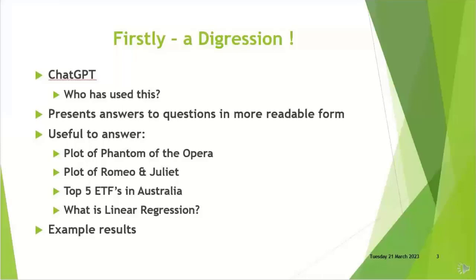The thing that distinguishes it from a Google search is that when you do a Google search, you'll get back 5, 10, 50, 5,000 responses, mainly being a URL to somewhere on the web that has some information about that topic. ChatGPT and these AI engines go one step further. They go to the URLs and examine what's there within context, and they then answer your question, but in a much more readable form.